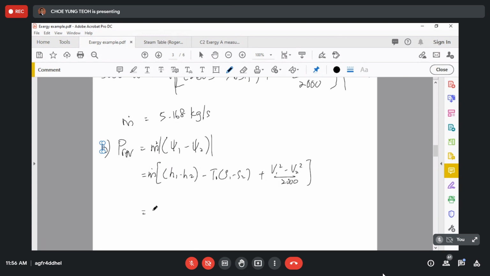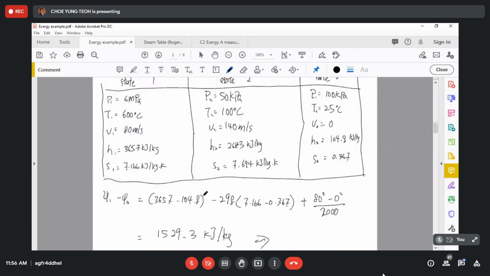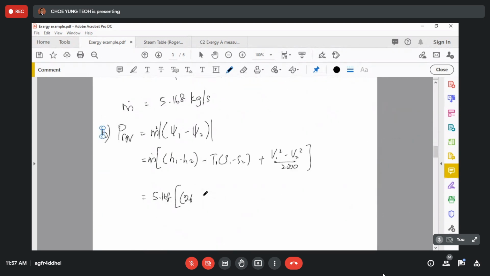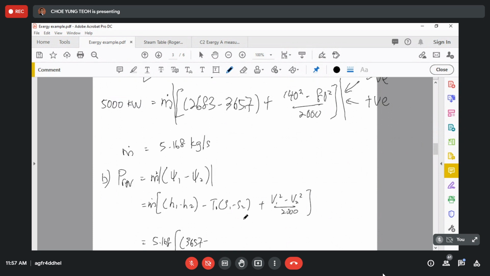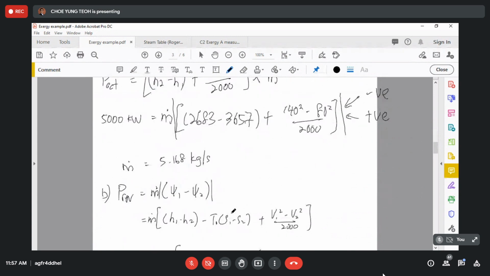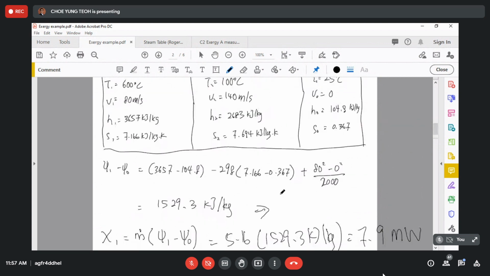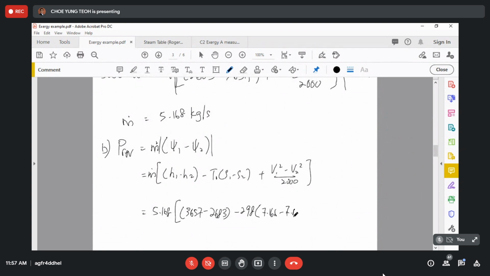Okay, so mass flow rate 5.168, H1 and H2, 3657. S1 minus S2, S1. V1 minus V2.